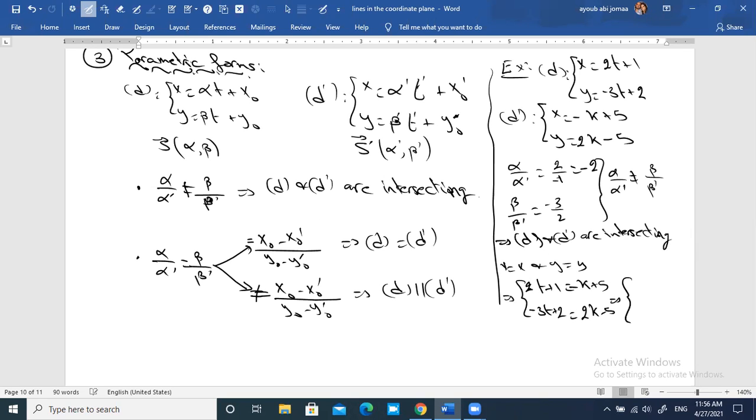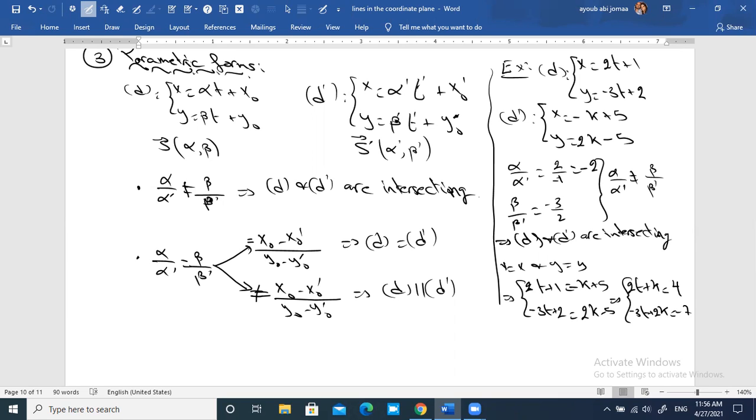Then you get the following system: 2t plus k is equal to 4, and negative 3t plus 2k is equal to negative 7.